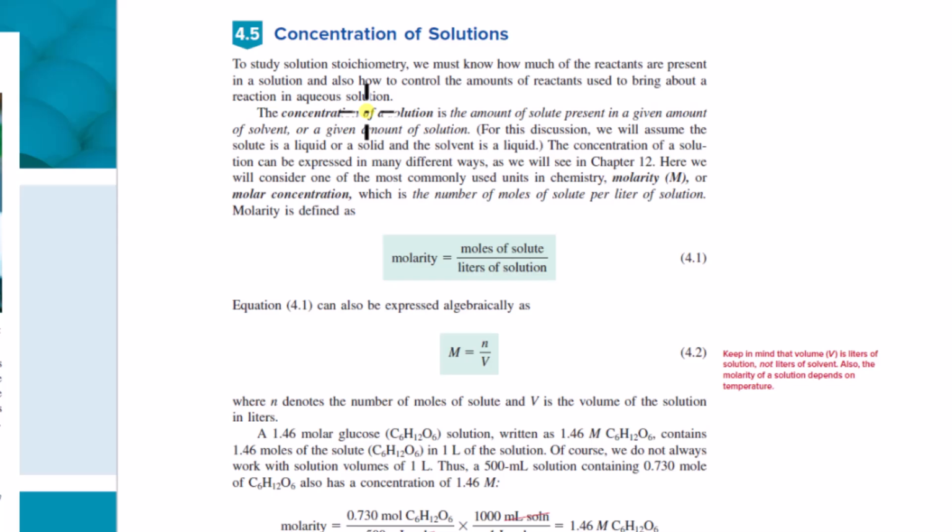And the terms solute and solvent are used to describe the components of a solution. Not any mixture, so the terms solute and solvent don't apply to a heterogeneous mixture, only to a homogeneous mixture or a solution. Okay, and so in a solution, the solvent is the substance present in the largest amount.